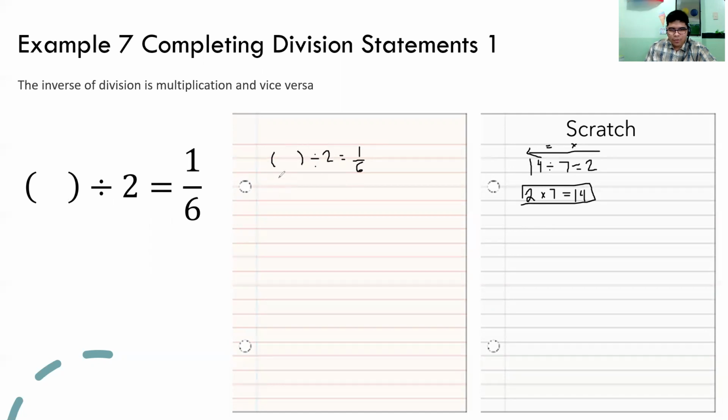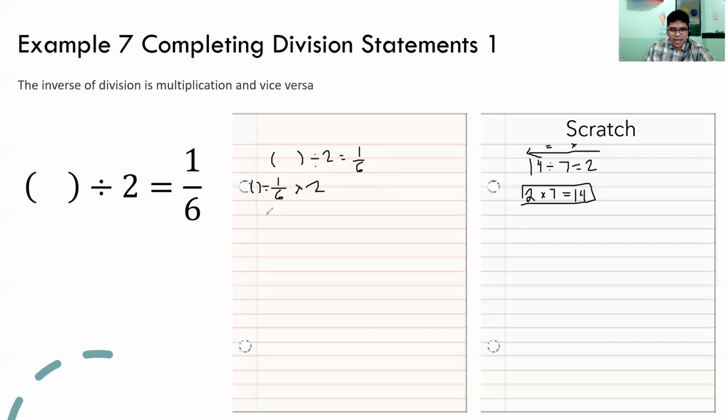So 1 over 6 multiplied by 2 will be equal to our blank. I hope that's very clear. So blank equals 1/6 times 2.